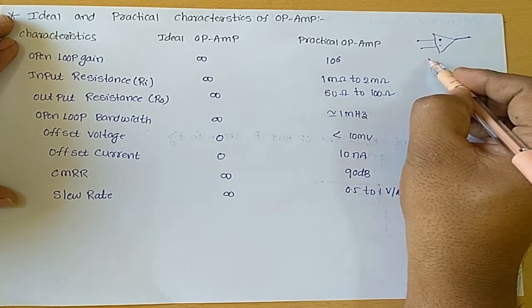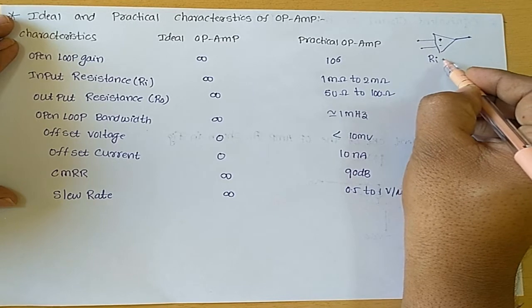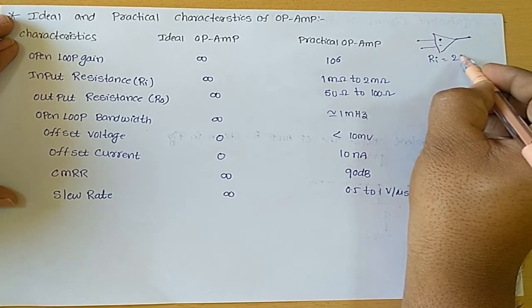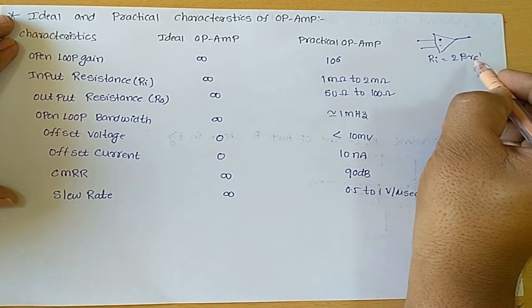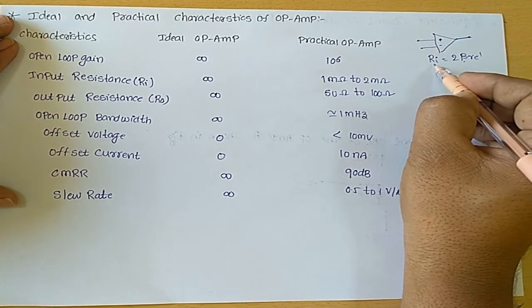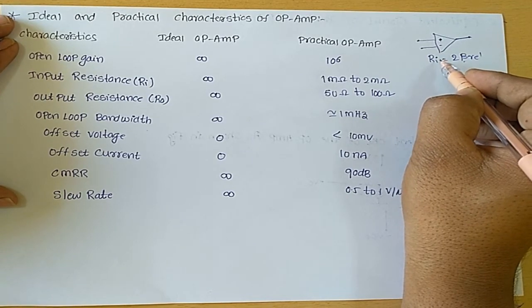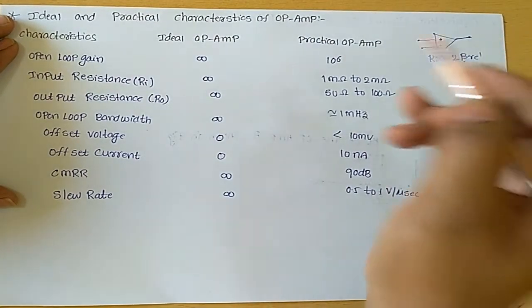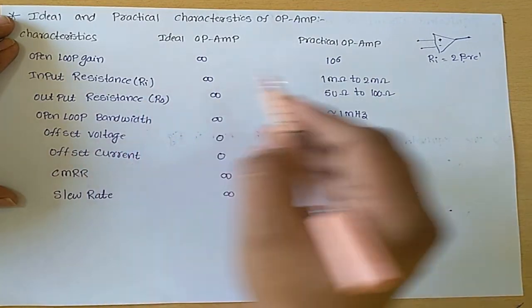We know that the input resistance of the differential amplifier Ri equals 2 beta Re dash. The beta value is very large, therefore the differential amplifier input resistance is high, and the operational amplifier input resistance is also high.